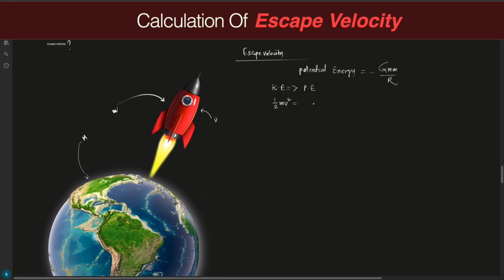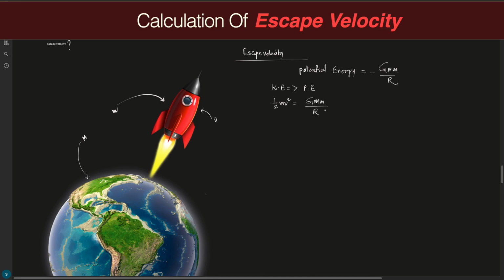You can say that the sum of the kinetic energy and the potential energy would be exactly equal, and they are scalar quantities, so we are not considering direction. So directly I can write GMm by r.